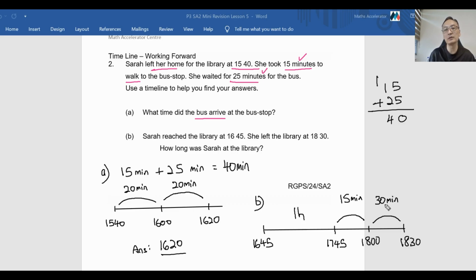So we have to add 15 to 30. So 15 plus 30, that will give us 45. So we know that for part B, how long did Sarah stay at the library? So it will be 1 hour and 45 minutes.